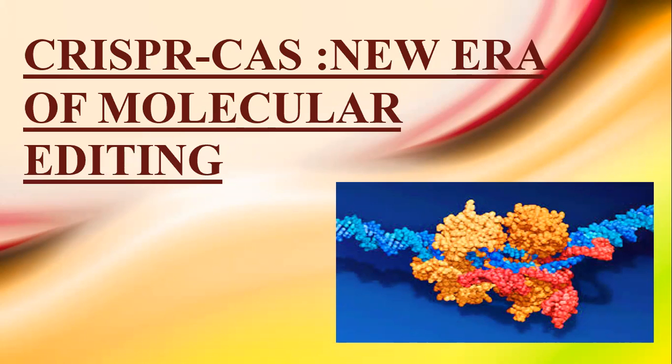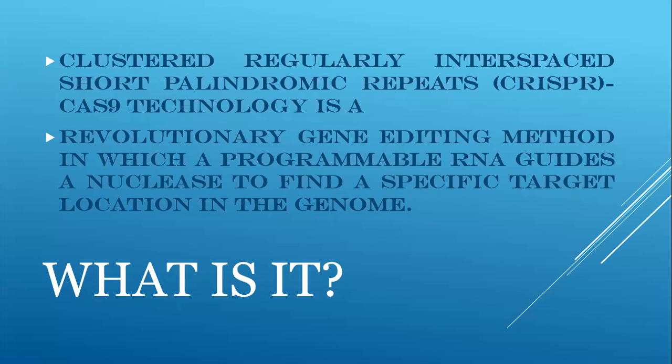And today we are going to discuss a new topic, which is a very proud moment for all of us, because the Nobel Prize 2020 in Chemistry has been awarded on this topic, which is CRISPR-Cas, a new era of molecular editing. So what is CRISPR?